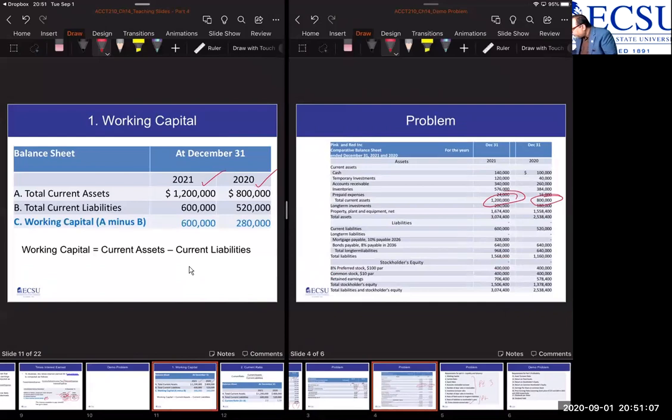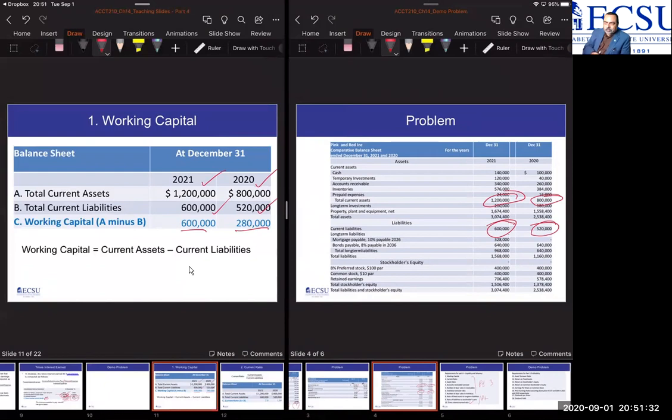Next, you're given the current liabilities: 600,000 and 520,000. If you subtract the two, A minus B, you get 600,000 and 280,000. So that's how we get the working capital.